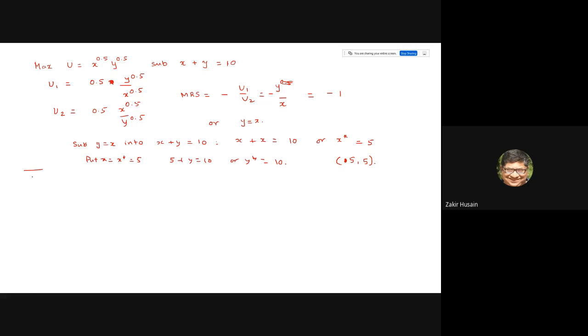Now let us take a positive monotonic transformation. Log of u. এইটা কি হবে বলো? How will we write this?